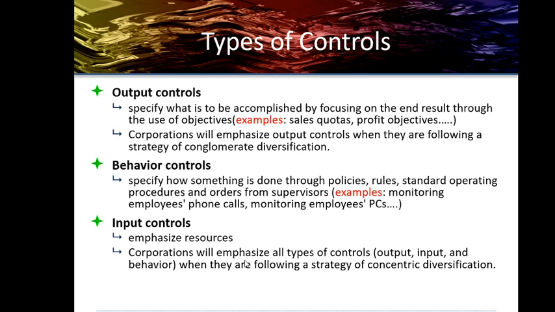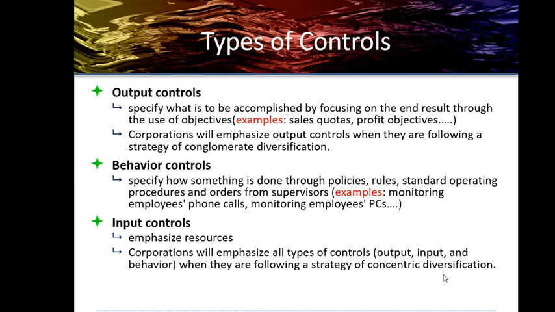Corporations will focus on or emphasize all types of control. That is, some companies may use all types of control, which are output, input, and behavior control, if the company is following the strategy of concentric diversification. With concentric diversification, again, you have to go back to chapter 7 and study the growth strategies. Concentric diversification means related diversification.